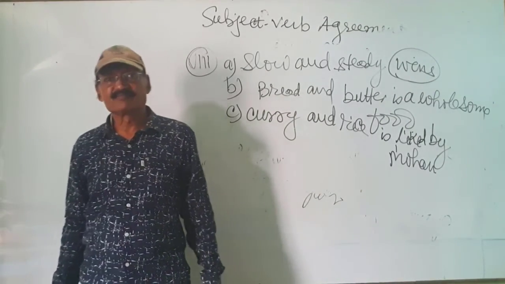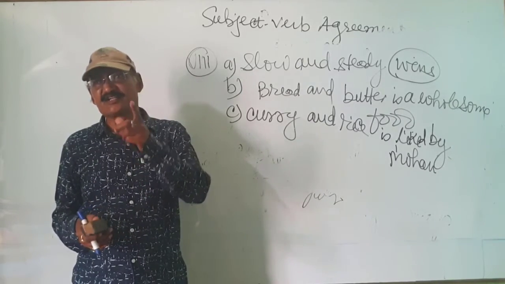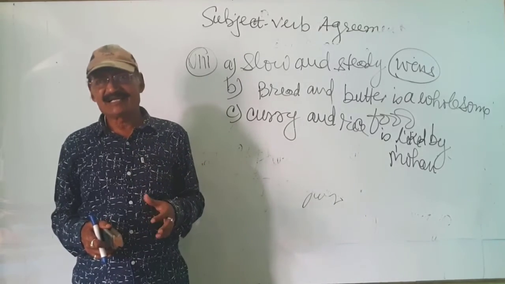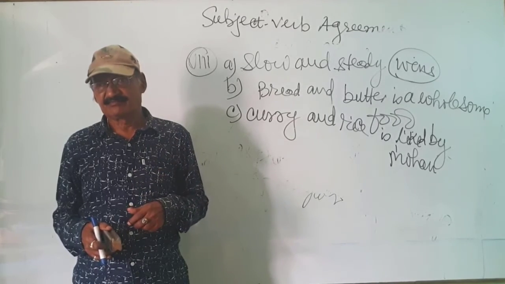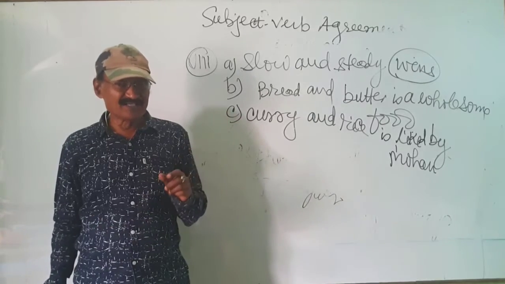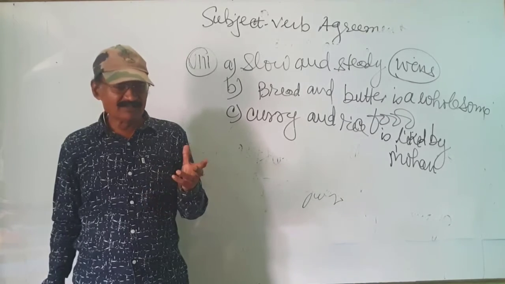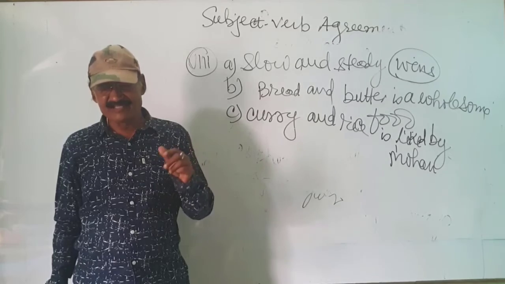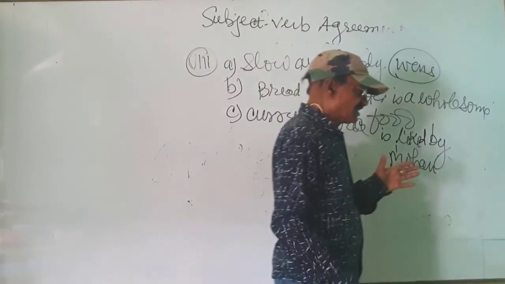Here, curry and rice, both can be considered to be one food. That's why we can use the singular. Curry and rice is a favorite food, is liked by her. So slow and steady, bread and butter, curry and rice, all these can be used in a singular way as phrases. That's why we use the singular here.